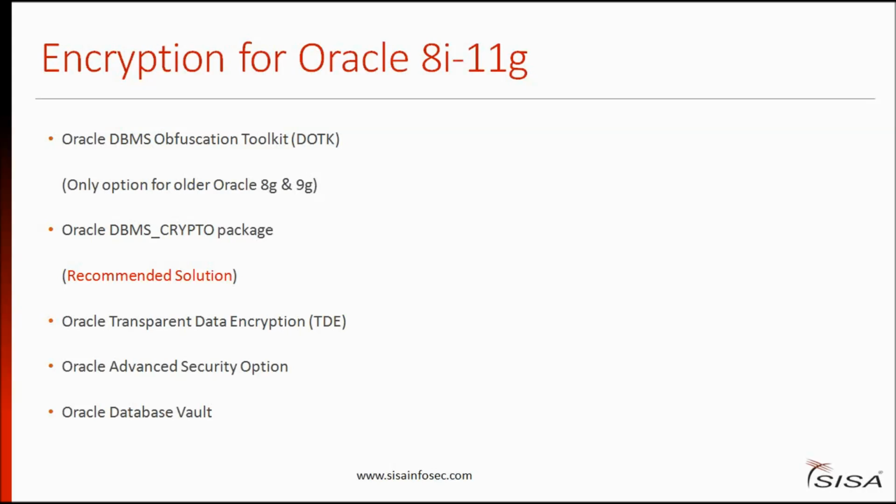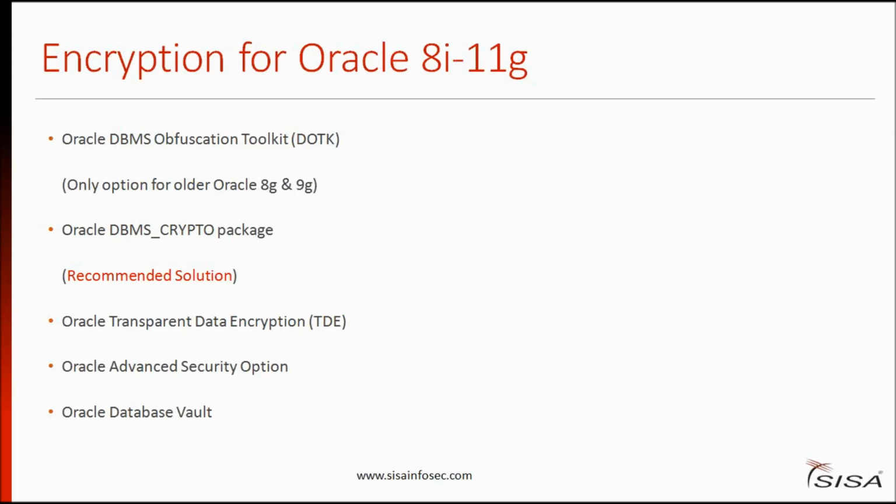Now, what we covered earlier is having a key management process which we can build within the application. There are also a lot of key management processes provided by various database vendors like Oracle.